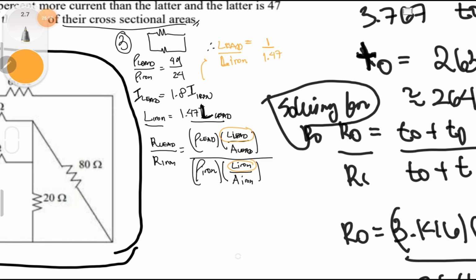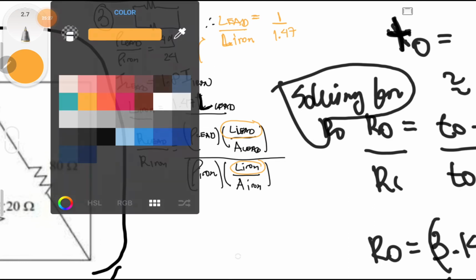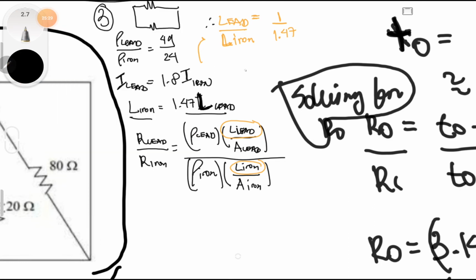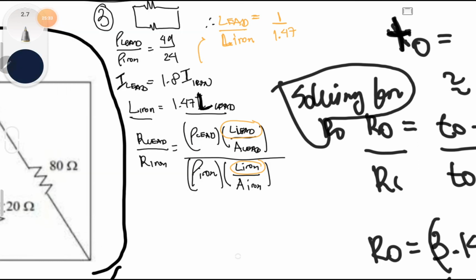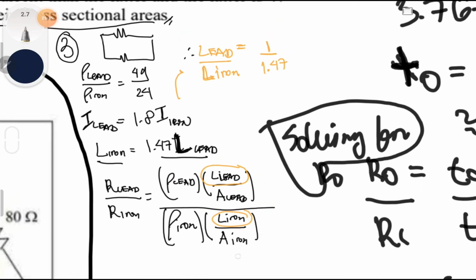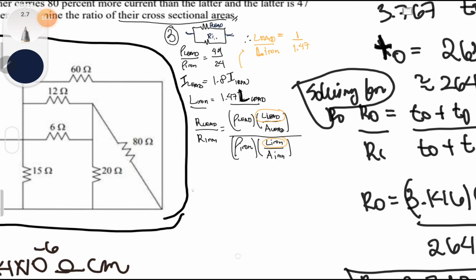So, from this, we can initialize that since meron tayong I, ano nga ba yung pwede natin paggamitan ng I dyan? Okay. So, note that they are in parallel. Naka-parallel yan. So, our lead is in parallel with our iron. Therefore, ano yung pinakamahalagang characteristic ng parallel combination? This is their voltage.